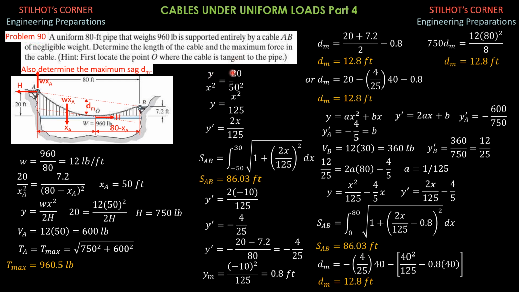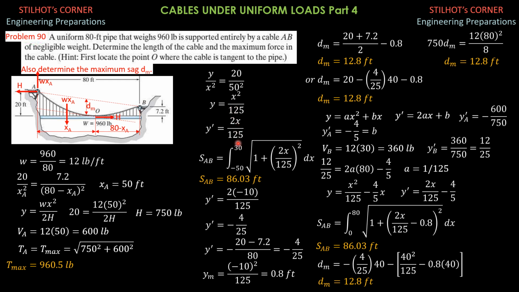For the equation of the cable, you just apply the square property of parabola. Y as to x square equals 20 as to 50 square. You may also use 7.2 as to 30 square. The result is the same, y equals x square over 125. So y prime, the derivative, is 2x over 125.